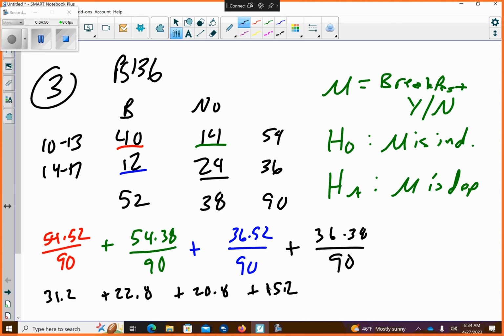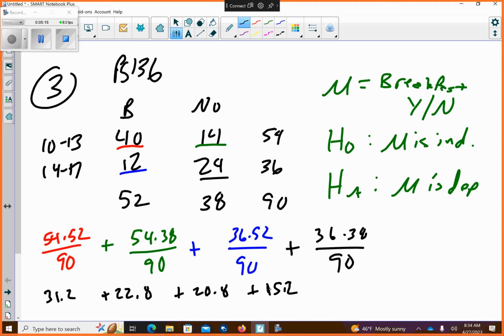All right, so each of those independent, excuse me. So our expected value for a 10 to 13-year-old to eat breakfast is 31.2, but we observed it being 40. Our expected value for a 10 to 13-year-old not to eat breakfast is 22.8, but we have a value of 14.